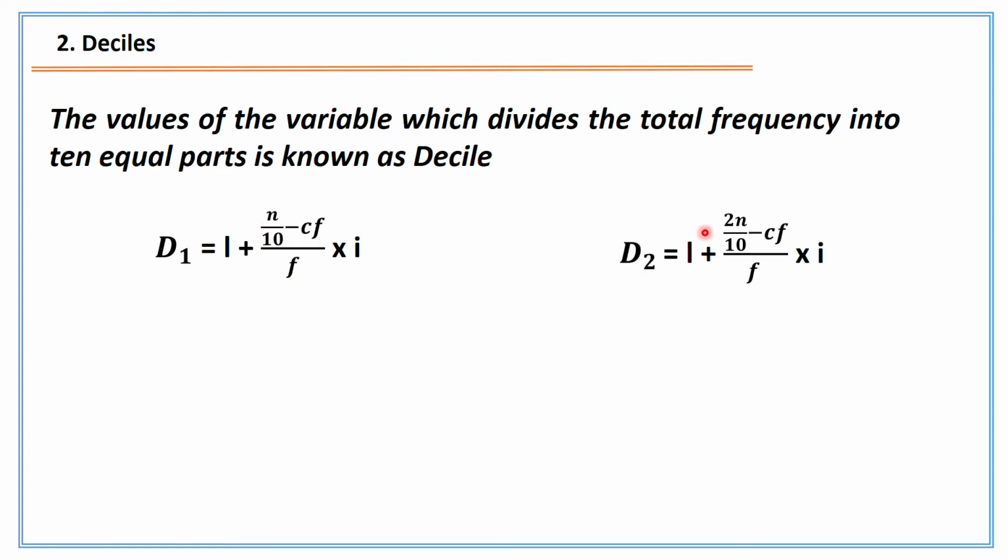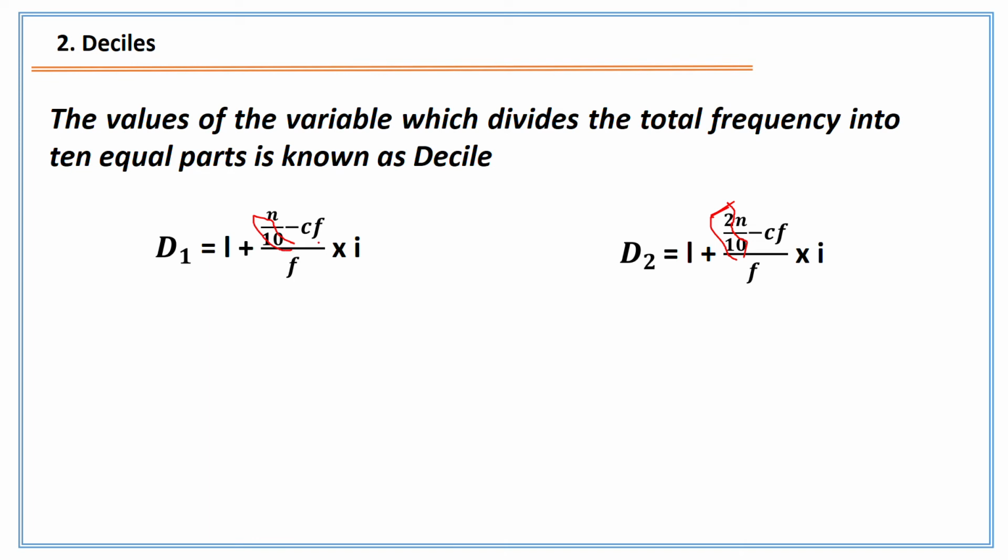Similarly, if I want to find decile 2, it will be 2 by 10. Majority of the formula will be the same, but in this part we will make the change.